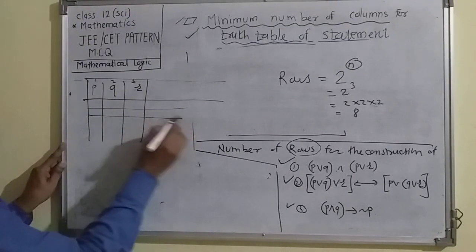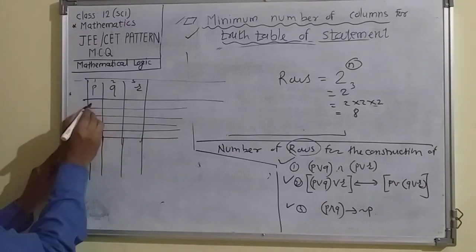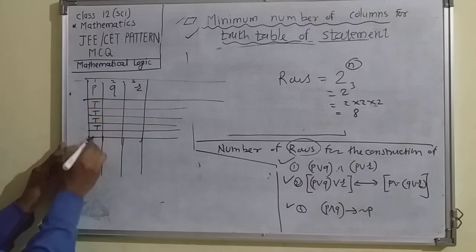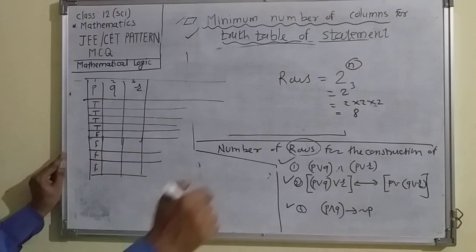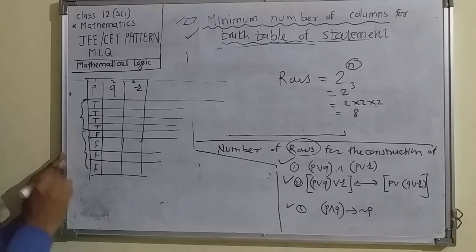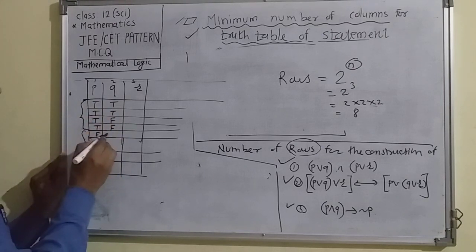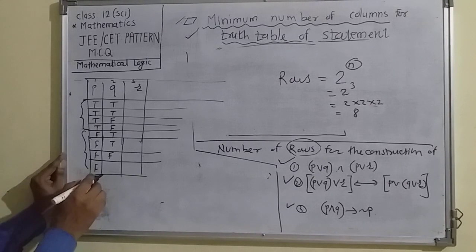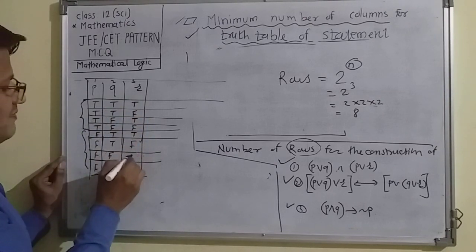Here 1, 2, 3, 4, 5. 4 times T, 4 times F. If the 3 letters are given, P, Q, and R, for P, 4 times T and 4 times F. For Q, double T, double F. Don't start with double F. Double T, double F. Here also, double T, double F, double T, double F. So this is about Q. About R, TF, TF, TF, TF.